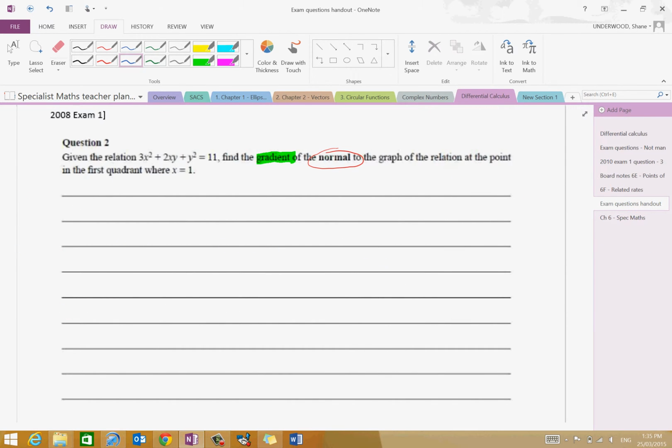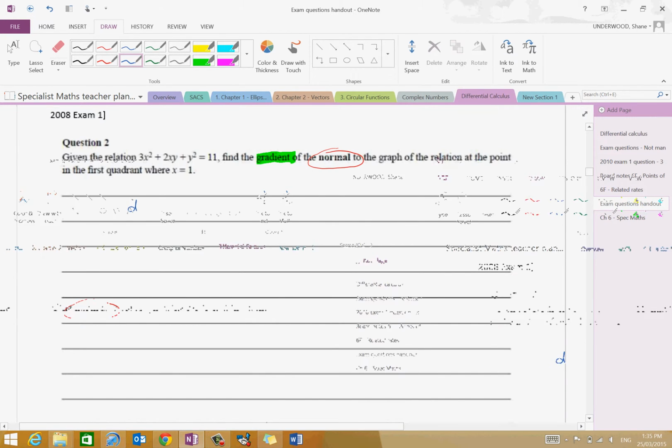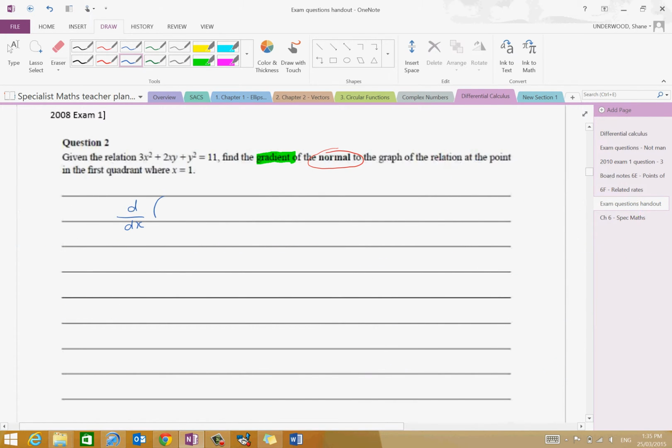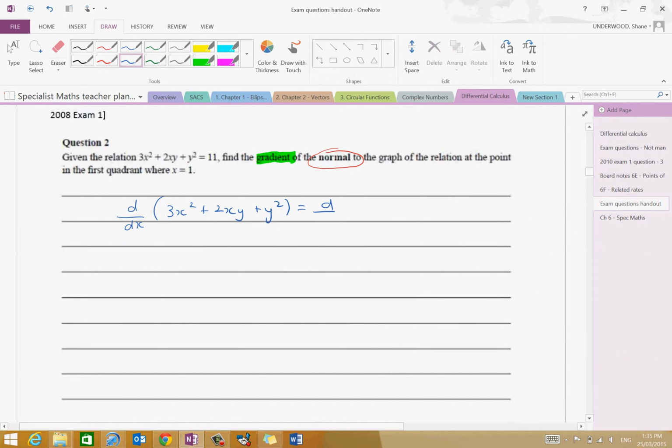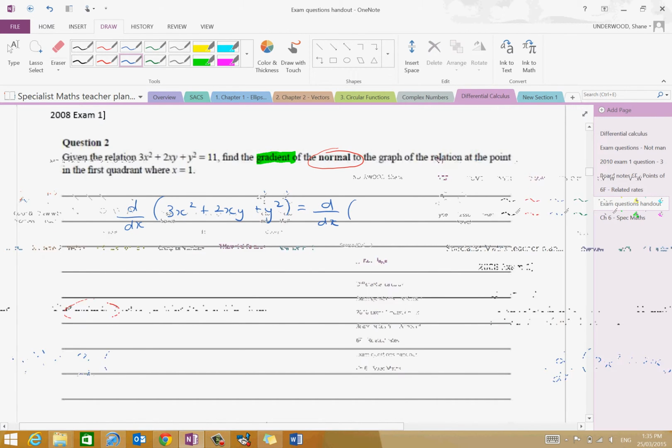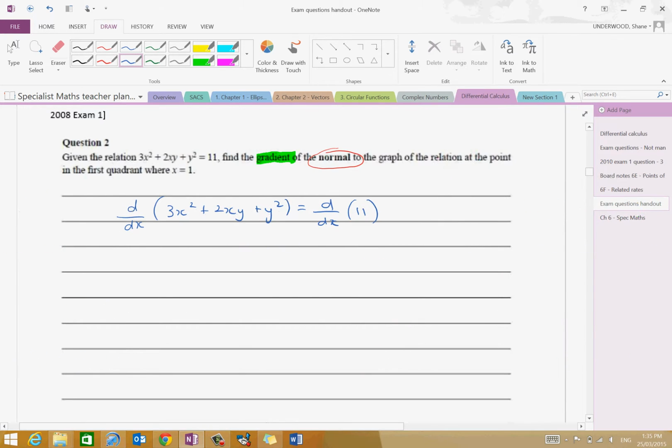So, given the relation, once again my first step is doing d by dx of the left-hand side, is equal to the derivative with respect to x of the right-hand side.